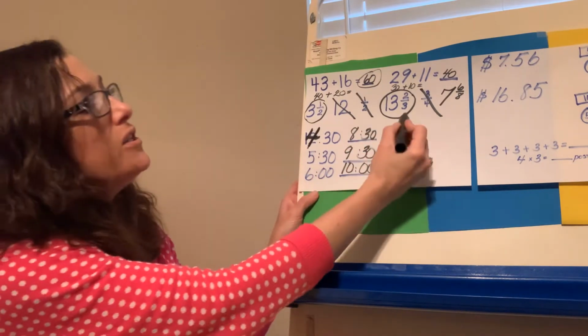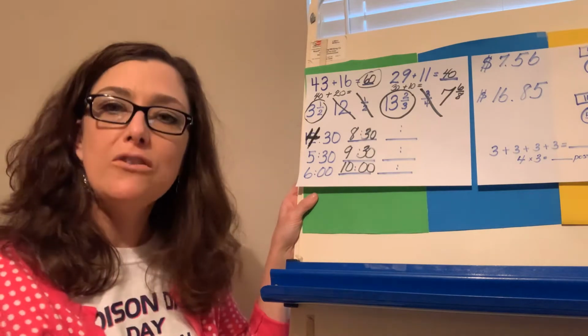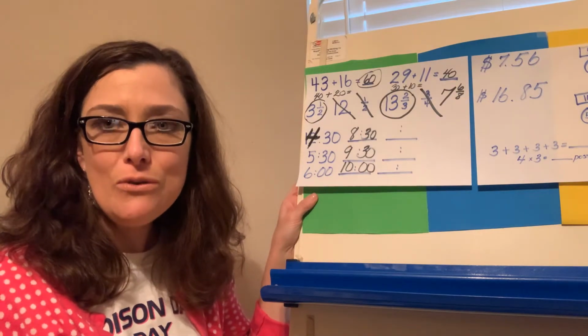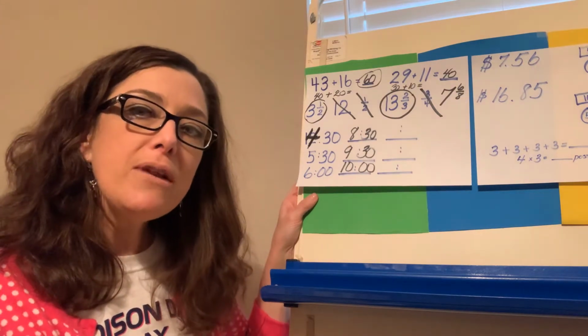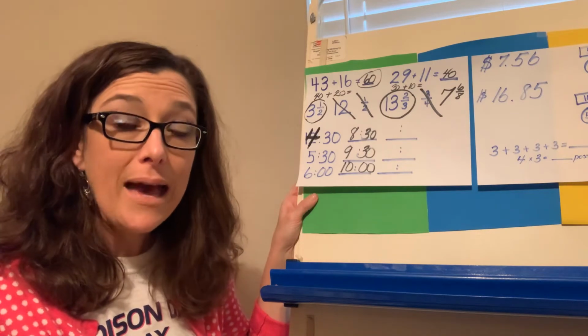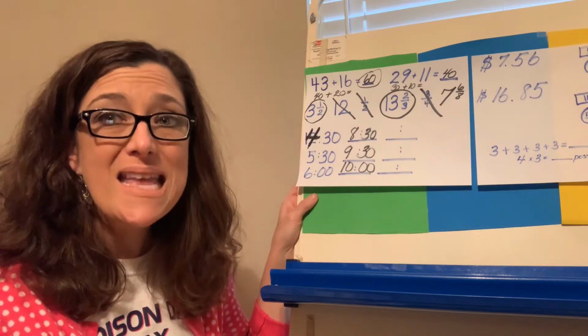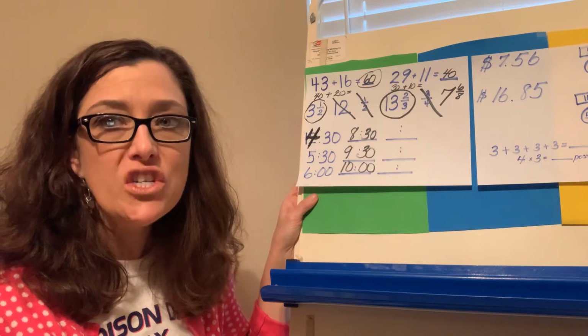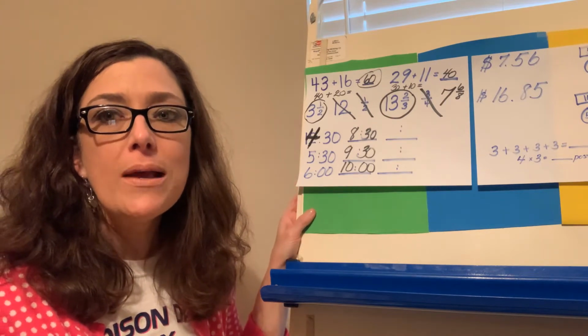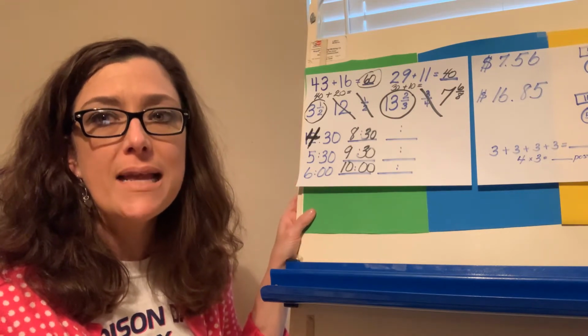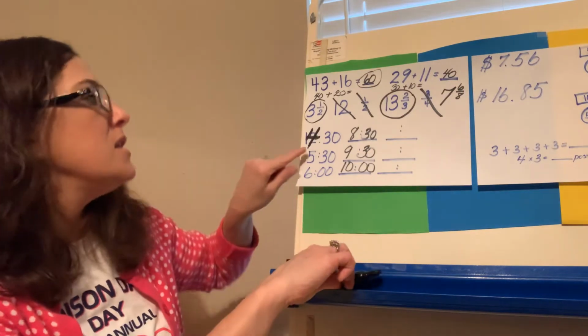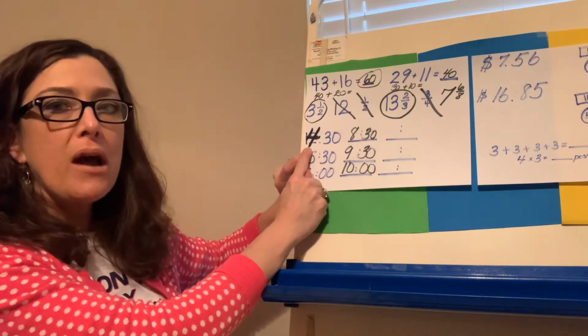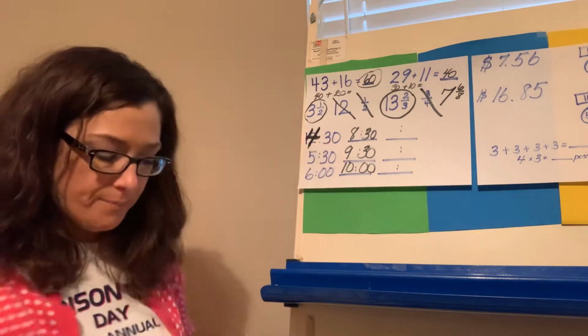Now, if we want to do the next column, let's pretend on your paper it asks you to write the new time if it were 30 minutes ago in the past. 30 minutes ago, A-G-O. That means you're going backwards by 30 minutes, by a half hour. So we go back to the original problem of 4:30.